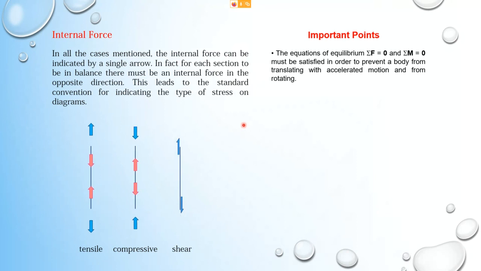Now, there are some important points that you need to know here. The equations of equilibrium. You all know what equilibrium is; I hope you still remember, a state of balance. When you work out equations of equilibrium, make sure there are 2 conditions you follow. The first is that the total sum of forces must equal 0. The second is that the sum of moments must be 0.